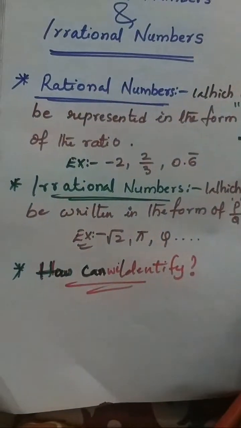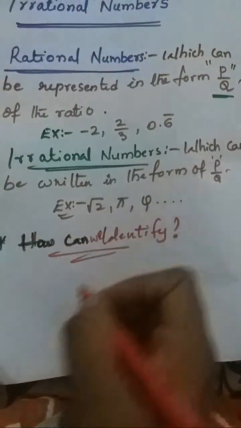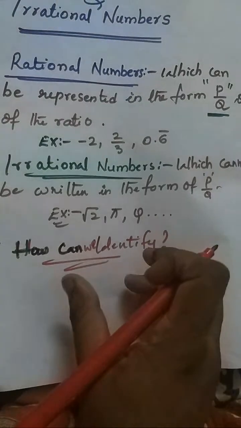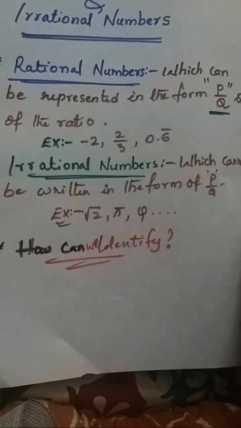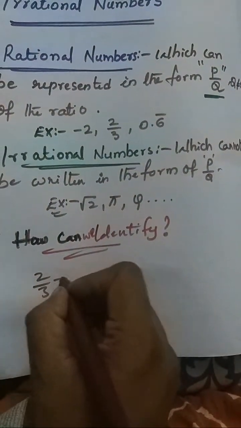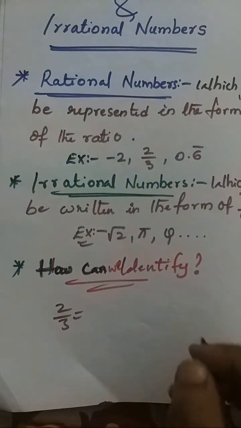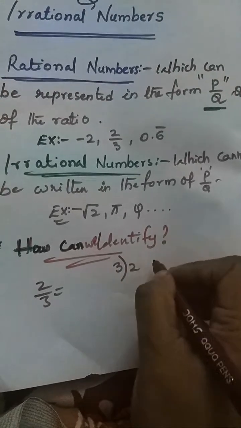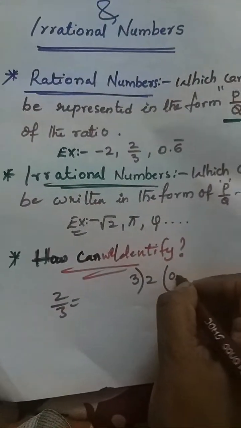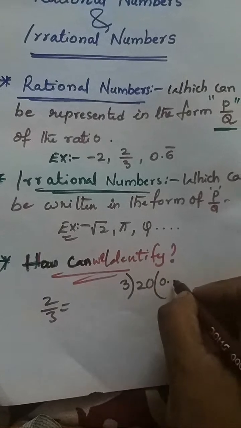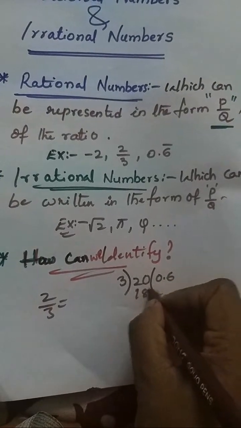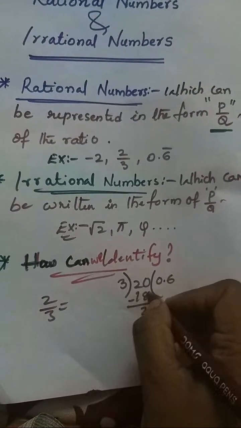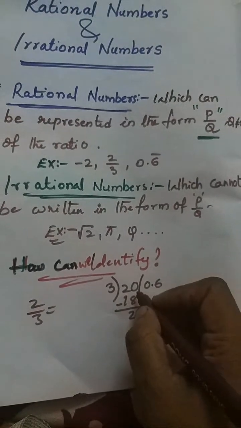Children, we identify it by seeing the number. For example, 2 by 3 is a number. 2 by 3 means 3 divides 2, so let us take 0 point, then this can be written as 3 6 18. We subtract and get 2.